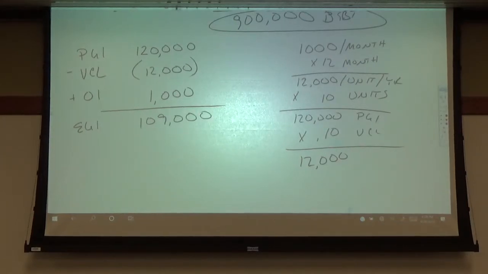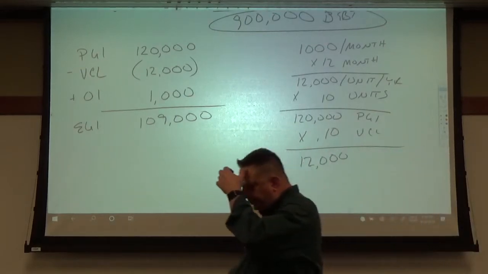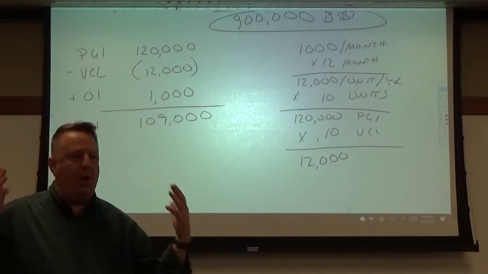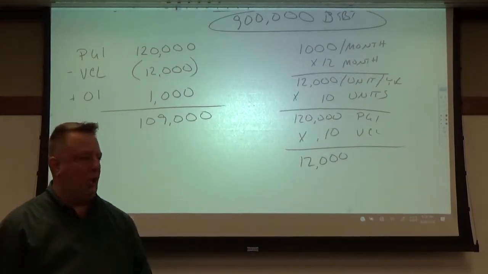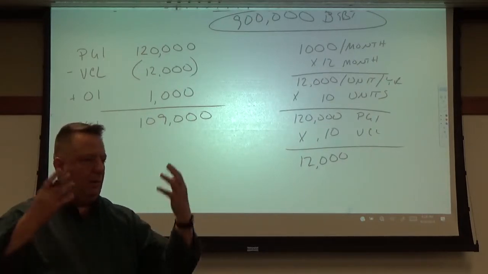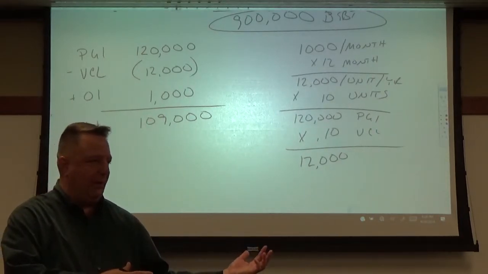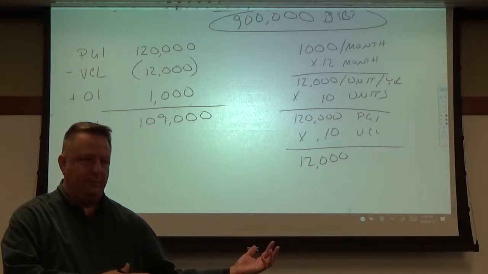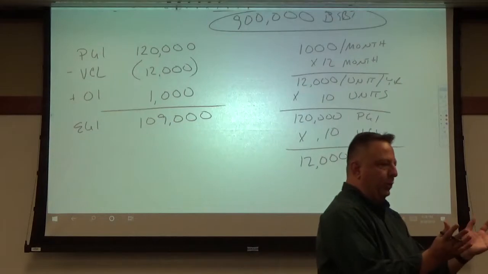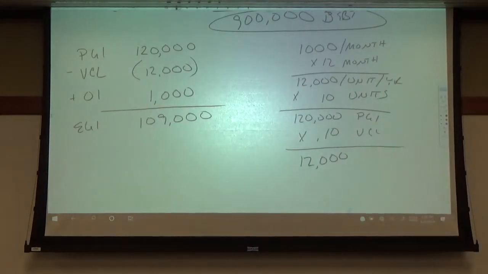Now, the way that I like to explain EGI, or effective gross income, is this is the hard cash currency that you get to touch, feel, smell, and ultimately put into a bank account of some sort. Does that make sense? Okay? So after everything is said and done, this is the money that you have really generated.